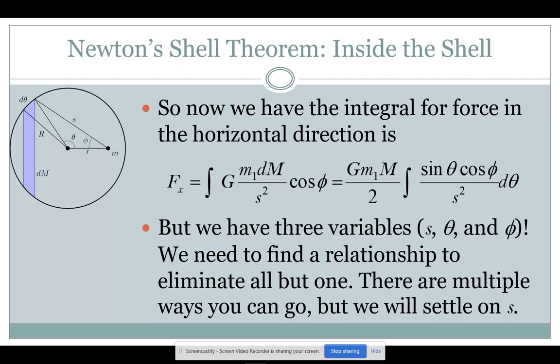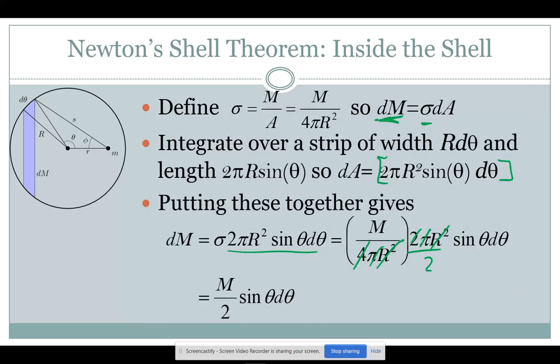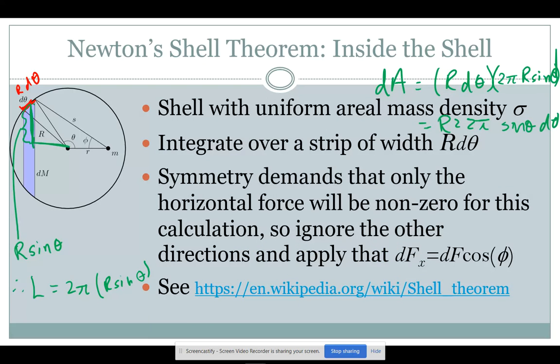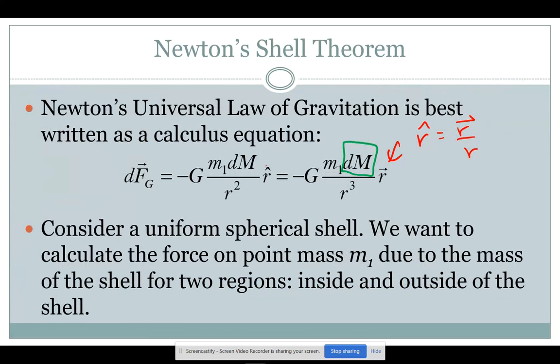Yeah. So in the last couple of slides, it's been negative g. Like the questions have a negative in it. Why doesn't it have one here? Okay, so why is there no negative here? Is it because it's horizontal? So we have to go back to here to see the negative sign you're talking about, right? Yeah. So the minus and r hat are to tell us the direction of the force.